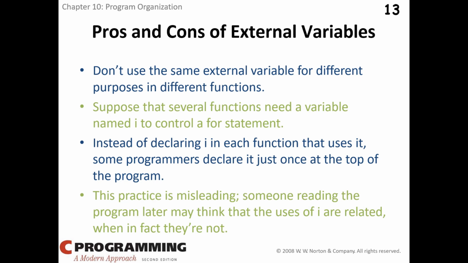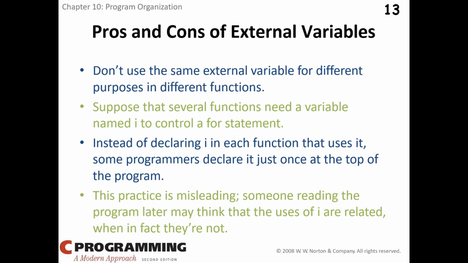It's important to avoid using the same external variable for different purposes across different functions. For example, suppose several functions require a variable named i to control a for loop, and some programmers may be tempted to declare i just once at the top of the program rather than declaring it within each function that uses it.